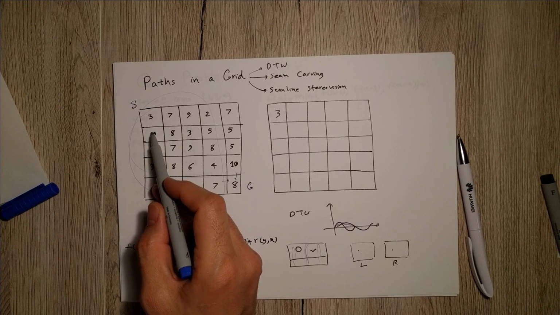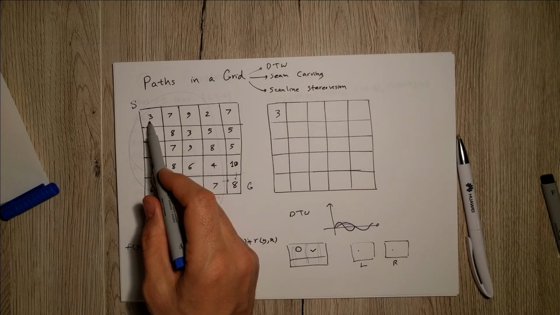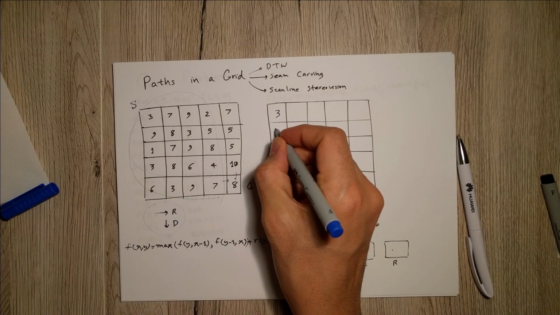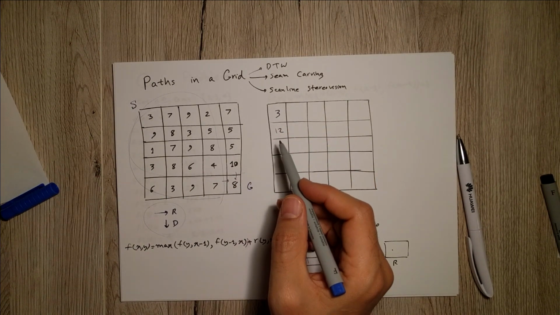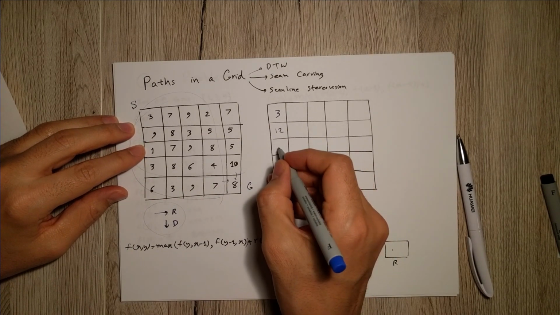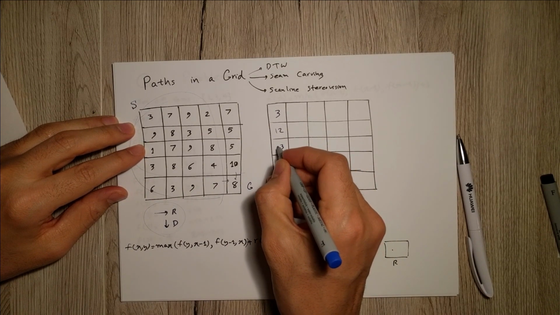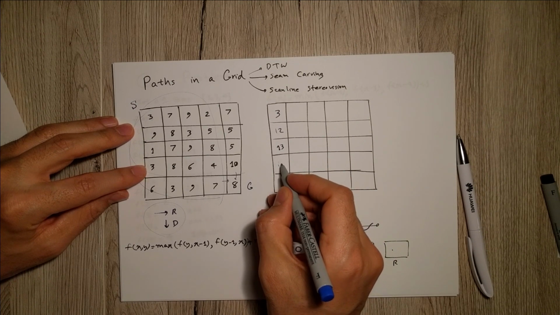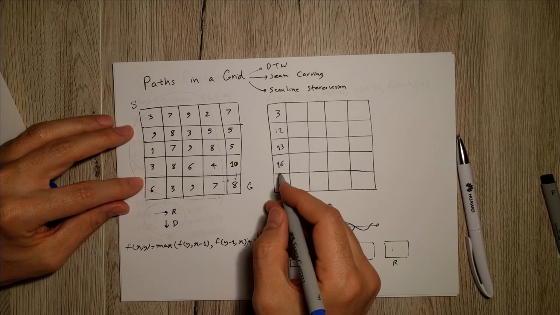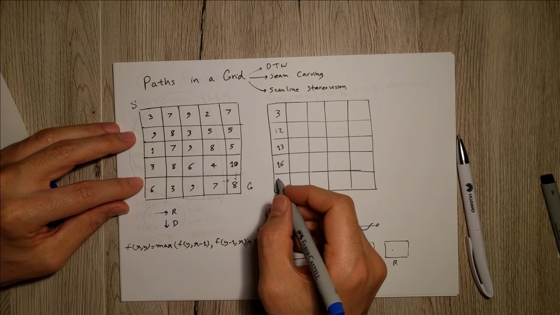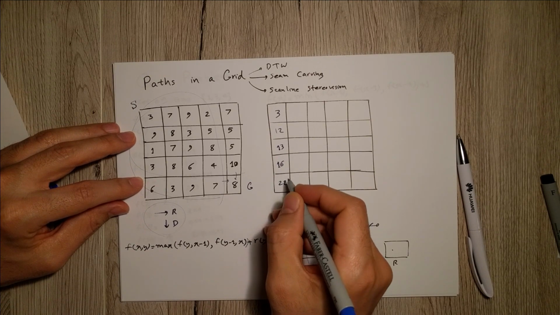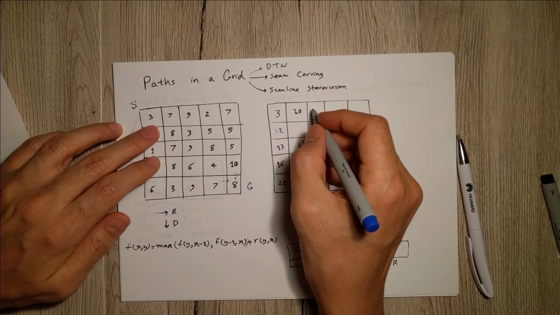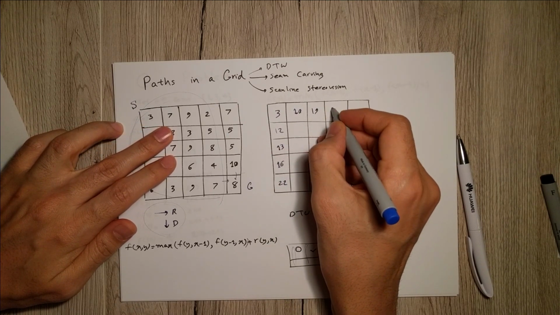So the cost is 9, and the cost from the previous part was 3. So it's going to be 12. 12 plus 1, it's going to be 13. 13 plus 3 is going to be 16. And 16 plus 6 is going to be 22. It's the same here. 7 and 3, 10. 10 and 9, 19. 21.